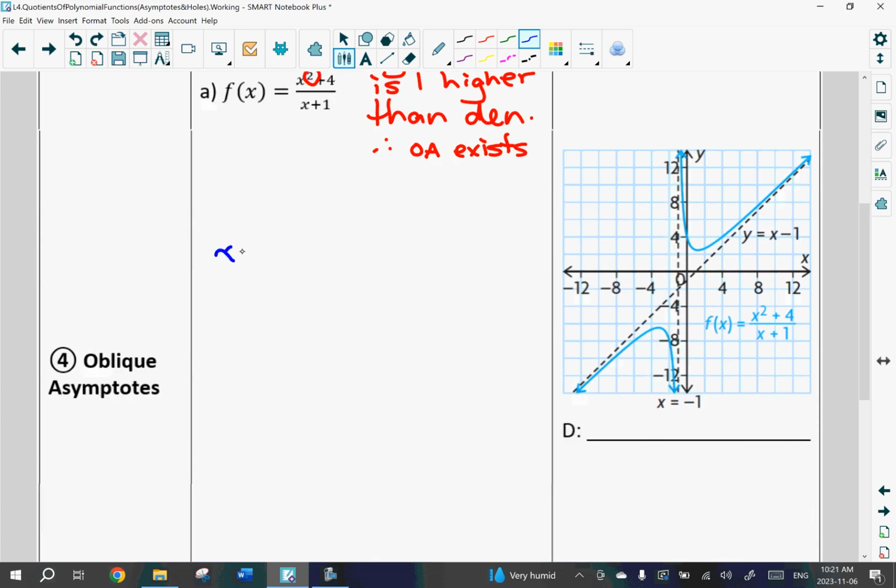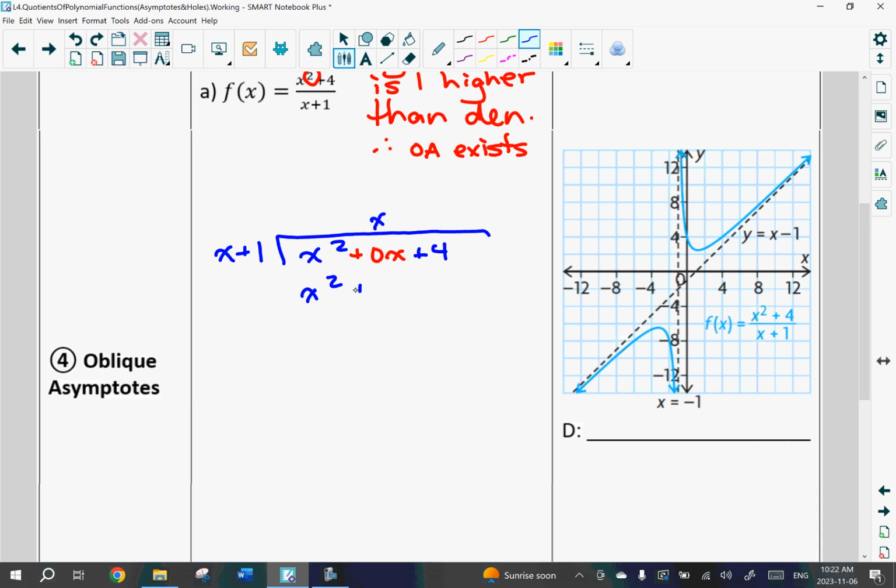So we actually have to divide. X plus 1 is going to divide into x squared plus 4. Need a placeholder in there because there's an x missing. We're going to go with an x times x squared. You can do this synthetically as well.